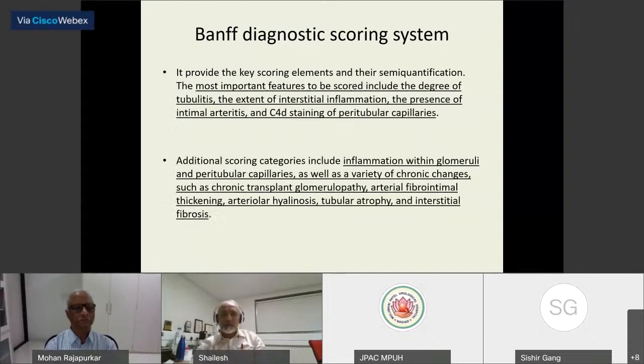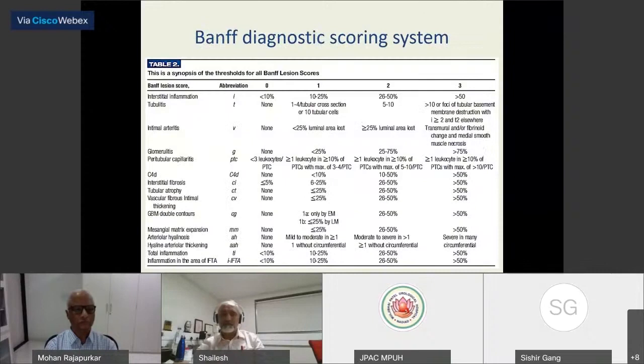So basically, it is a semi-quantitative scoring system, and features are scored: degree of tubulitis, extent of interstitial inflammation, presence of intimal arteritis, as well as C4d staining of peritubular capillaries. And here are the various Banff lesions and how to score them, like interstitial inflammation, which is written as small i, and it is scored as grade 0, 1, 2, and 3.